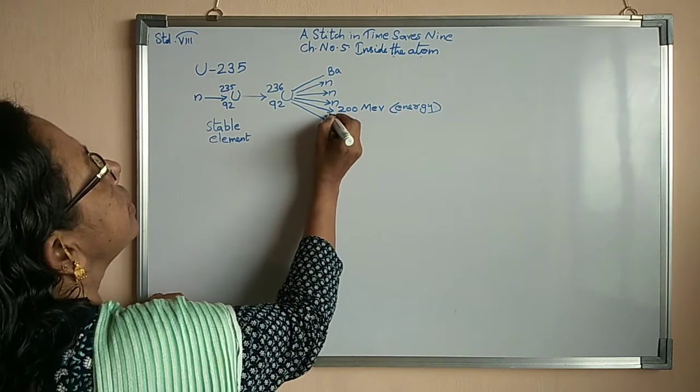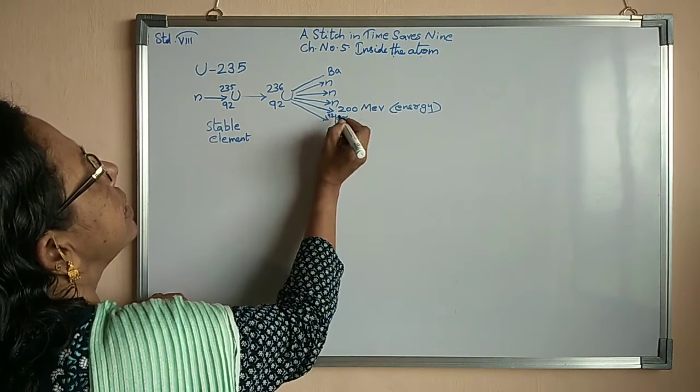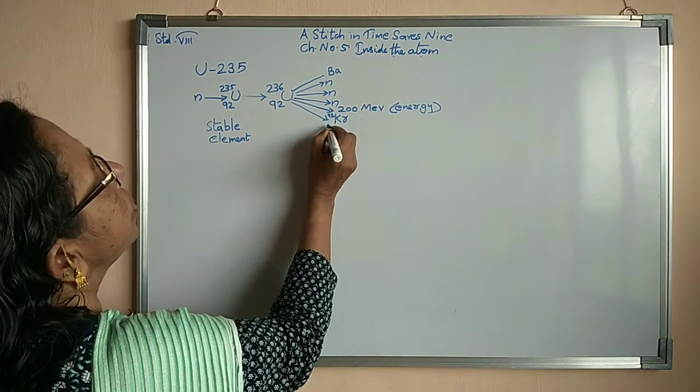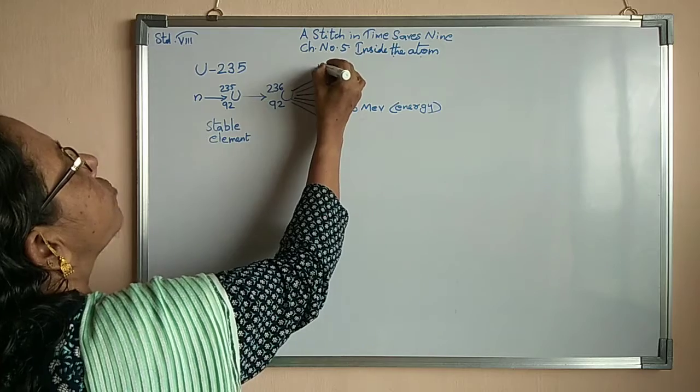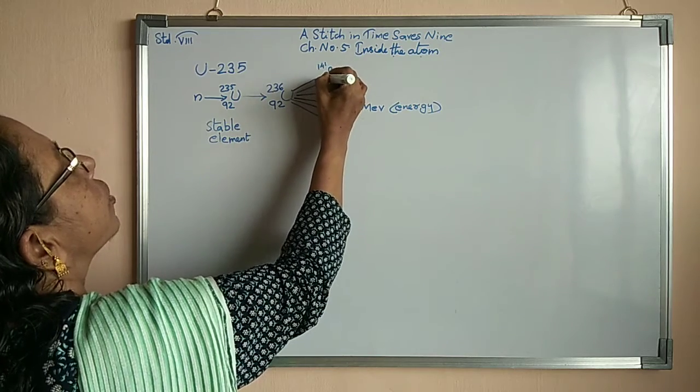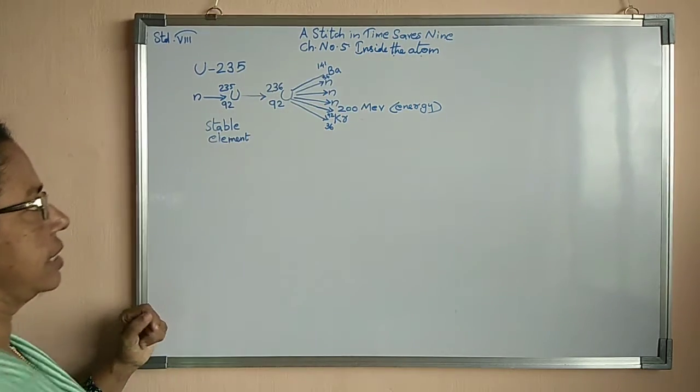Here the mass number is 92, atomic number 36, here 141, atomic number is 56.